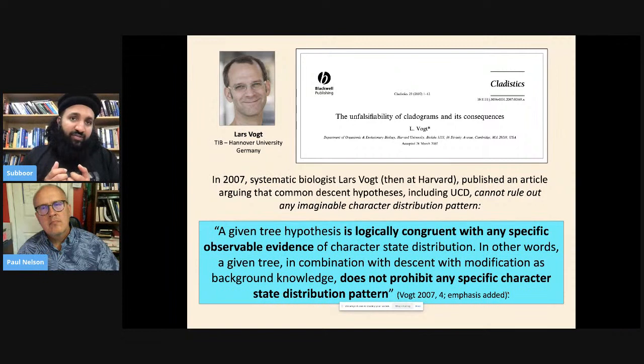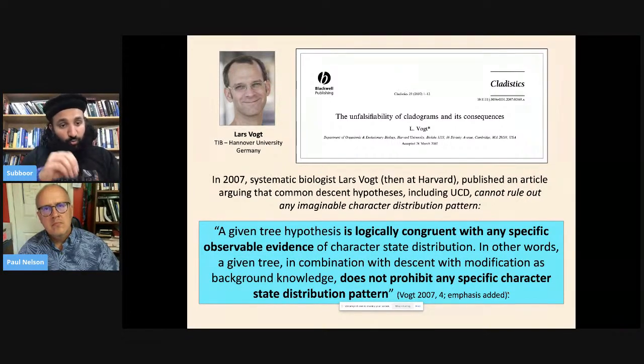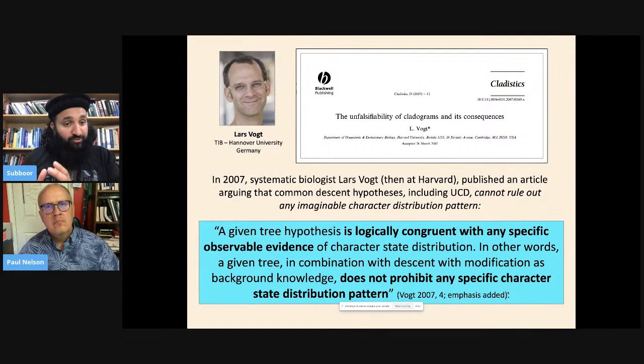And the problem here is, how do we then say that it is testable in any meaningful way? Because if the auxiliary theory is malleable, you can always replace it with something else, and the universal common descent is not up for questioning, then the question goes back to where we started, which is, what is the actual point of making predictions if those predictions are not going to mean anything if they turn out to be false?